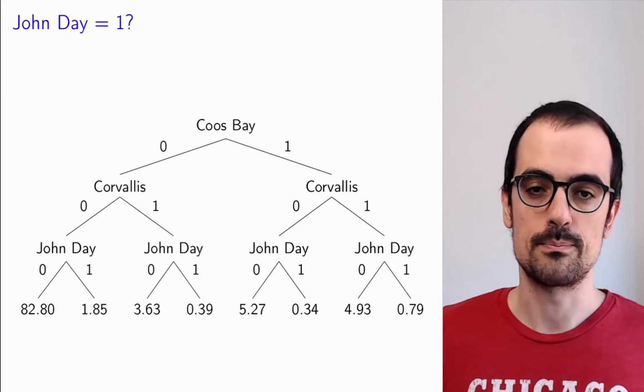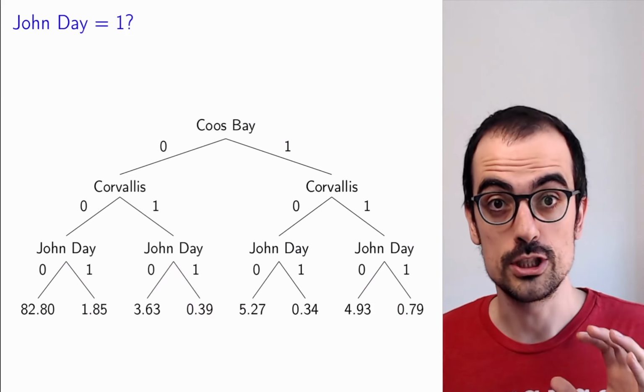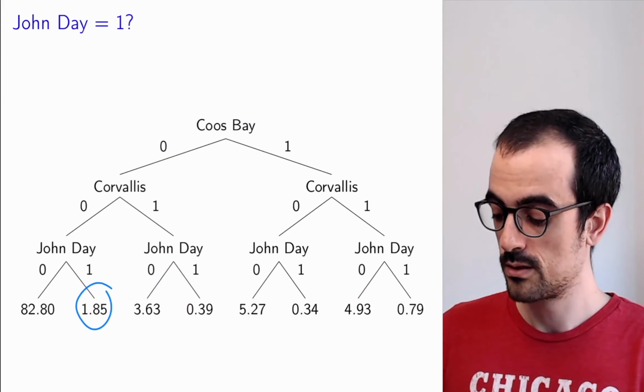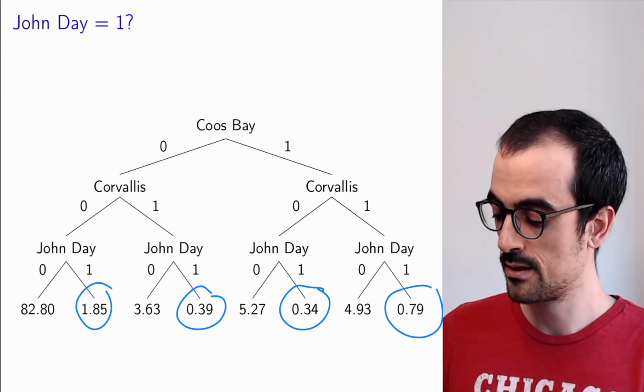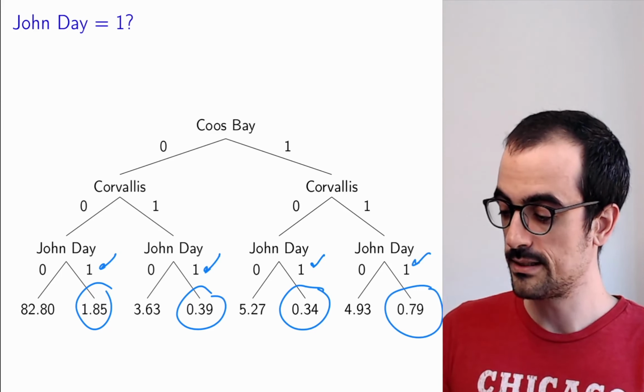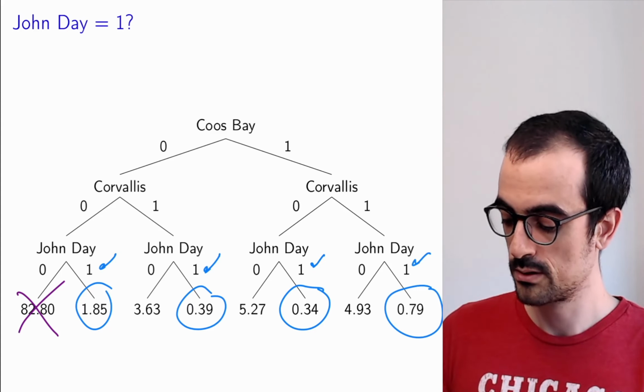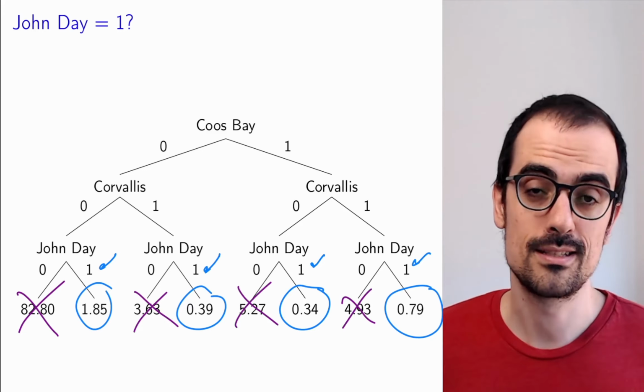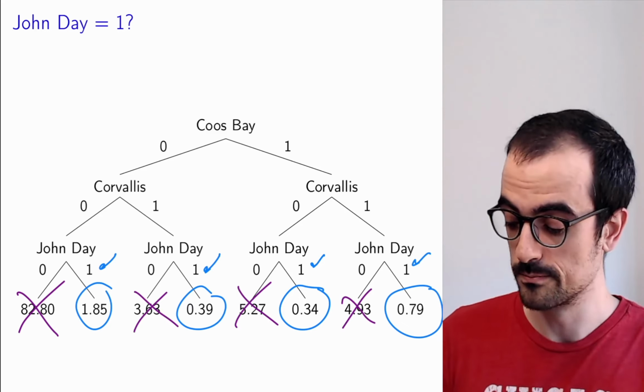What if we want the probability conditioned on John Day being equal to 1? We do exactly the same thing. Okay, we preserve these guys because John Day is equal to 1. And these other guys go to the trash. And we normalize. And from here you can see that these conditional PMFs can be extremely different.